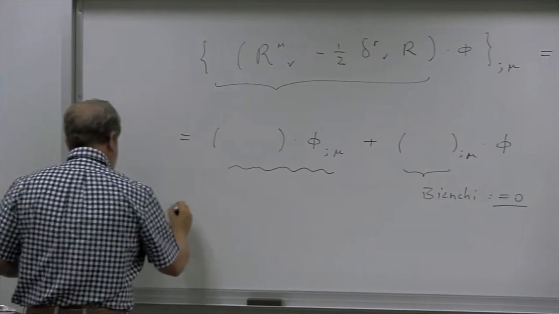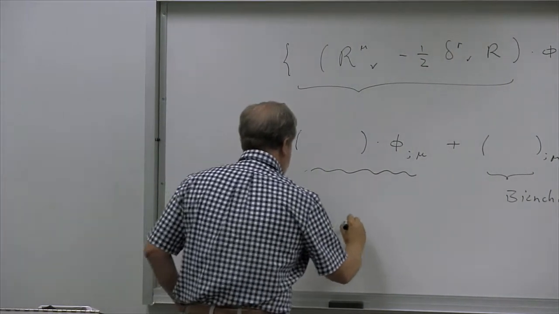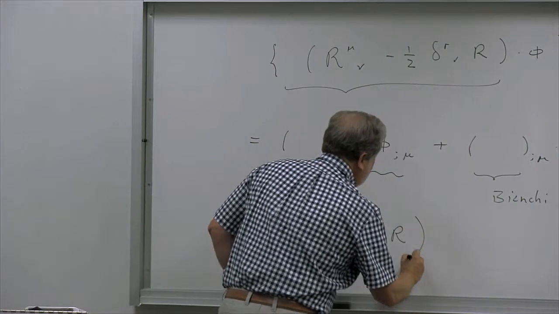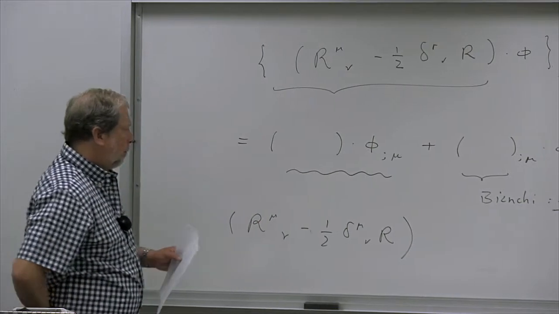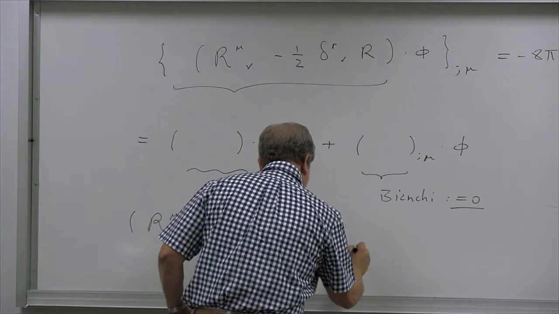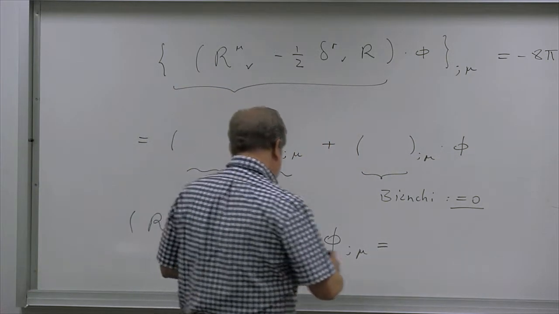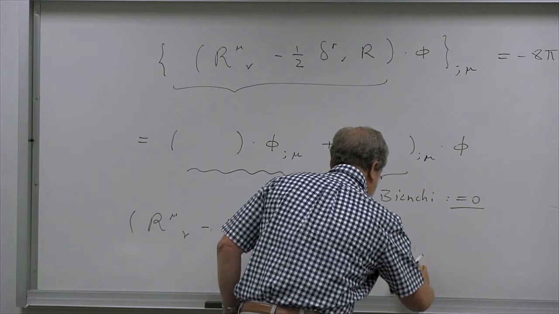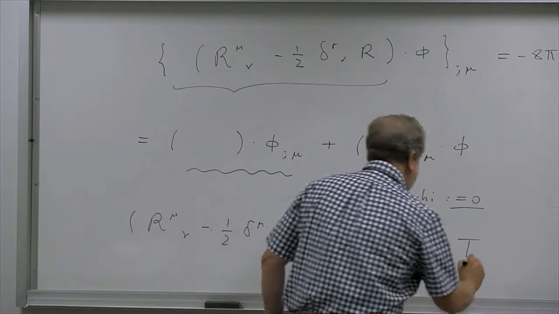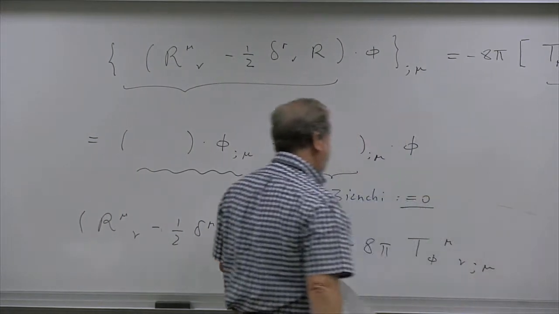So we have that R_{μν} minus 1/2 δ_{μν} R, in parentheses, times the derivative of φ semicolon μ, that is going to be equal to minus 8π times the T for the φ field, T^{φ}_{μν} semicolon μ.